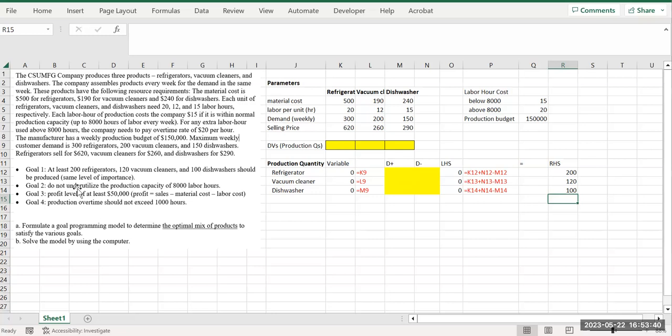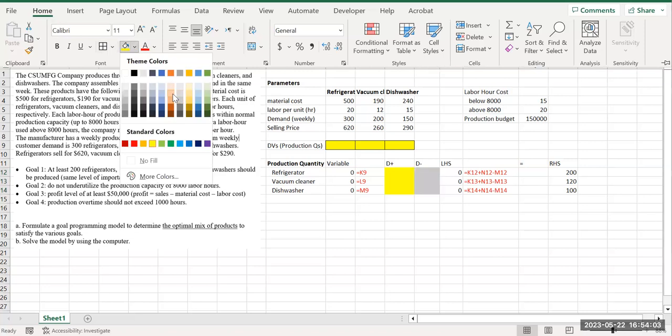When we say at least 200 refrigerators, it's absolutely okay to go beyond, but we would like to avoid going under. This is something that we do not appreciate based on the description of the goal here.